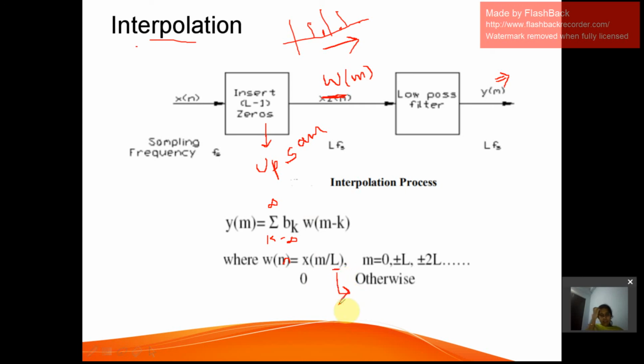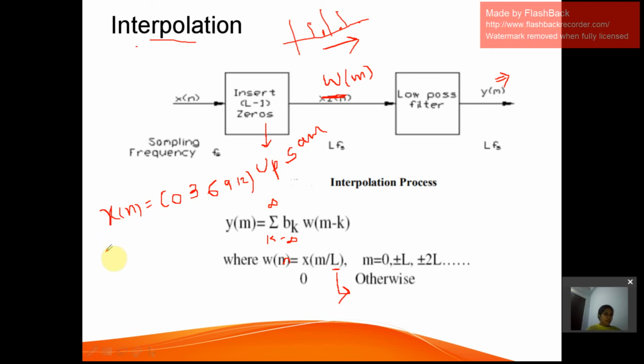Okay, let us take a small example. Let the sequence x of n be 0, 3, 6, 9, 12.